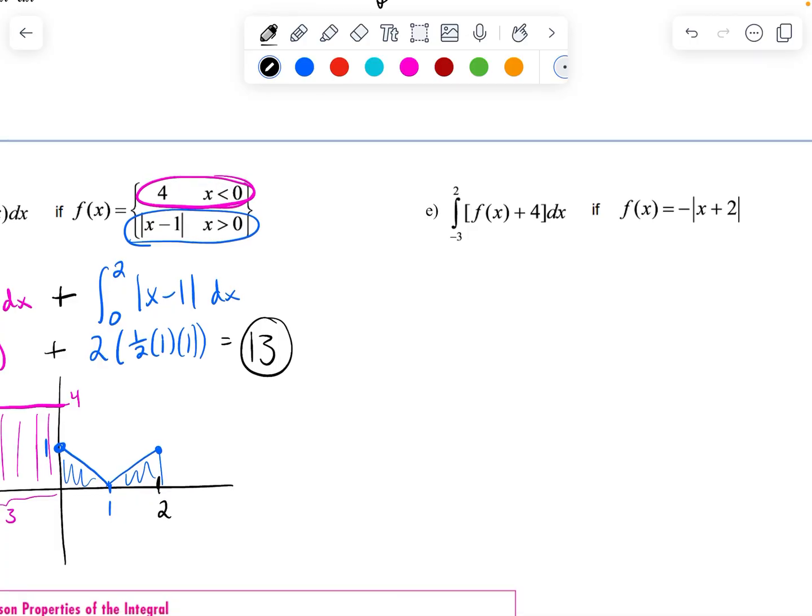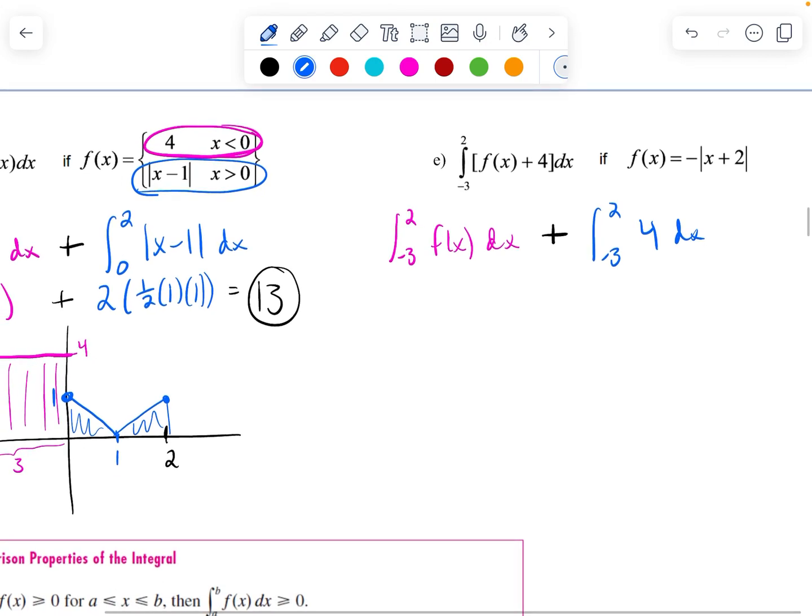Okay, this next one. You have to use the idea that you can separate integrals. So what I'm going to do is go -3 to 2 of f of x dx plus -3 to 2 of 4 dx.